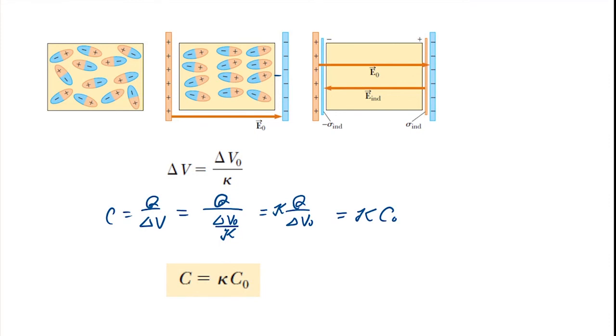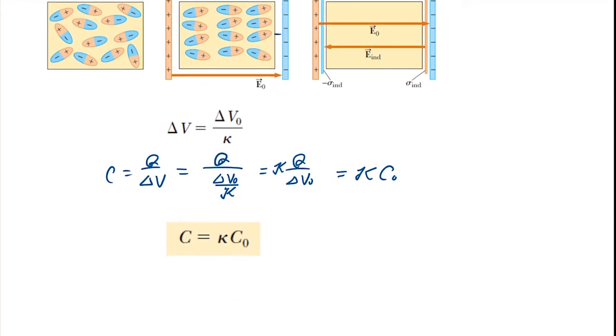Okay? Then lastly, I will calculate how much more charge you can put in by doing this. Remember, Q is equal to C times delta V, with the same voltage. In this case, you can actually reduce the potential difference between the two plates. But if you just keep driving with the same maximum potential of that battery, because this is really what counts, how much more charge can you put in?